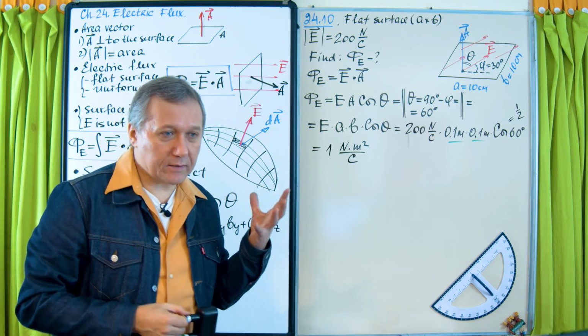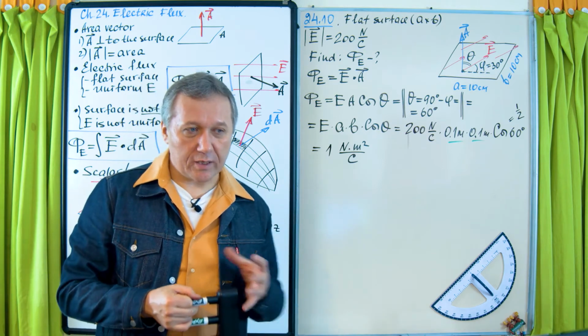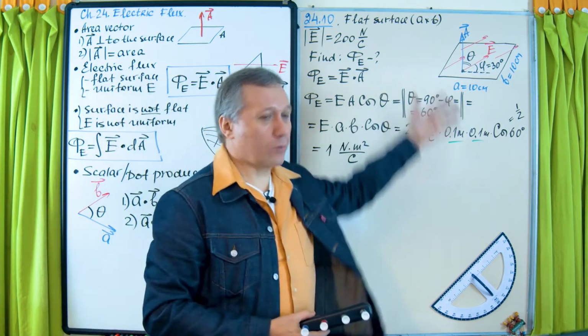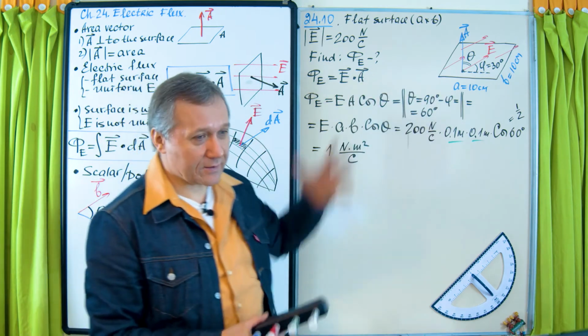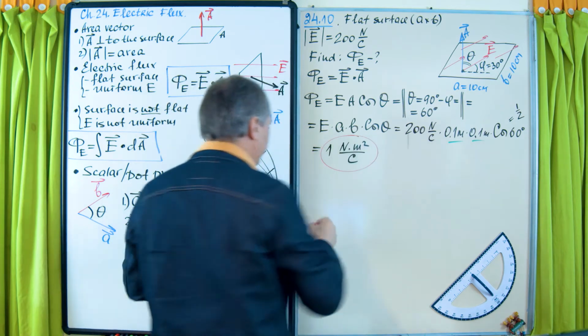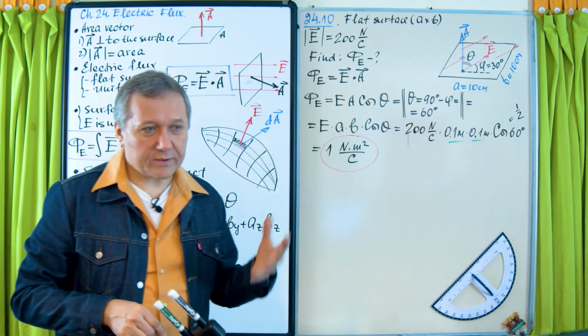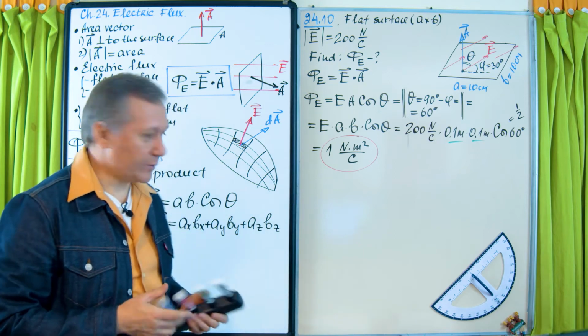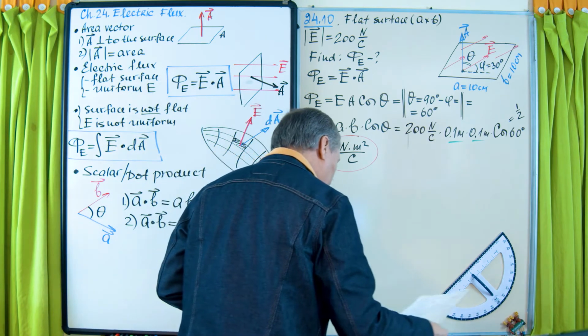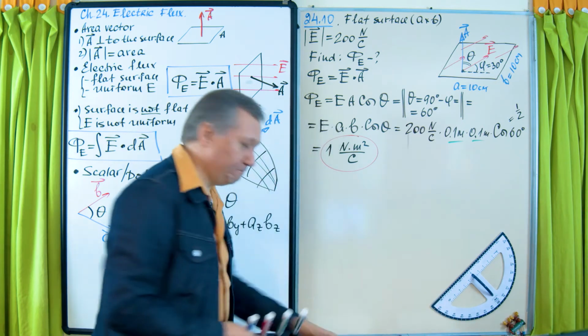This is, again, electric flux. It's a tool which allows us to calculate the number of electric field lines crossing, in this case, this particular surface. It's a reasonably simple idea. You just need to get used to it, and usually students don't struggle with that.